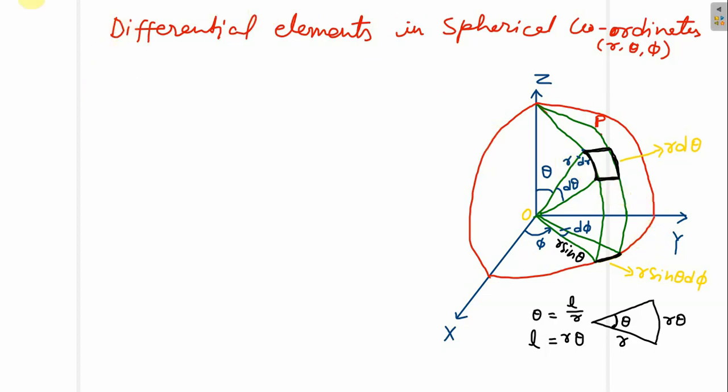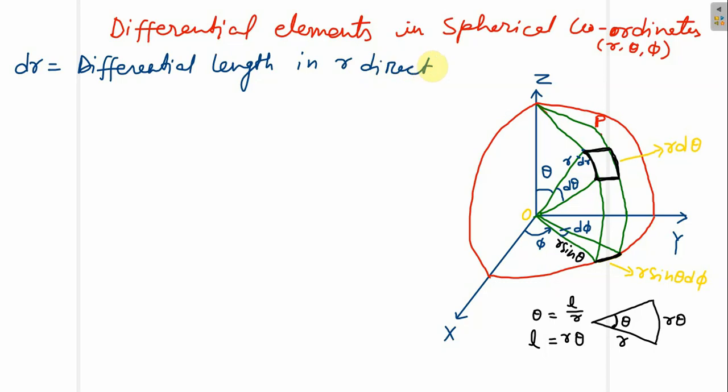So let us write here that dr is the differential length in r direction.